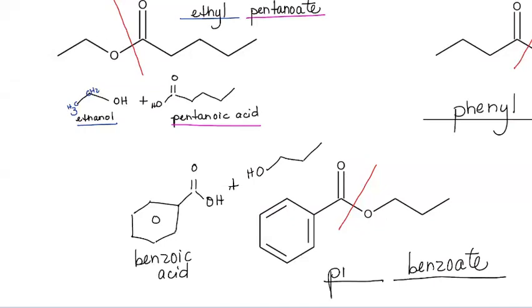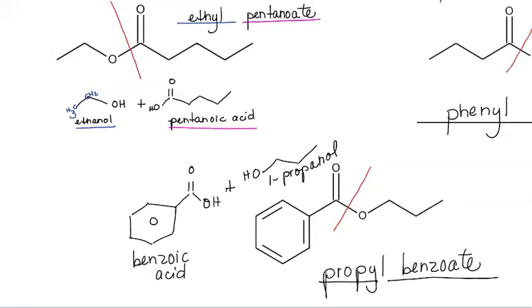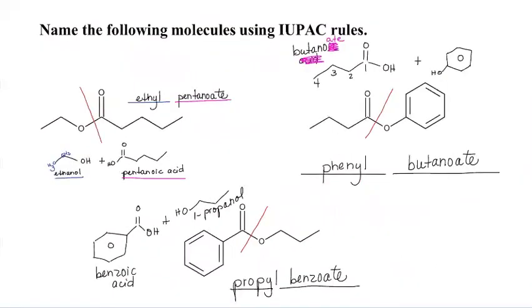Excellent, that's propyl. And the name of this alcohol is 1-propanol. Okay, so the name of this molecule is propyl benzoate. Questions, naming esters.